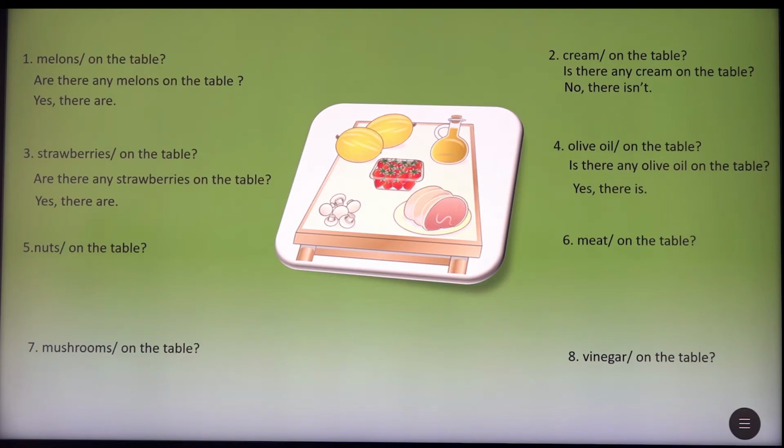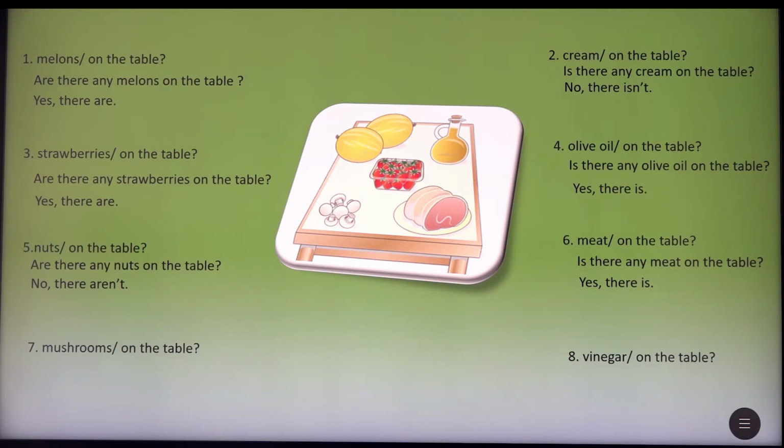Next one, it's nuts. The question is, are there any nuts on the table? And the answer is no, there aren't. Next one, meat. The question is, is there any meat on the table? And the answer is yes, there is. The next one, the seventh, mushrooms.